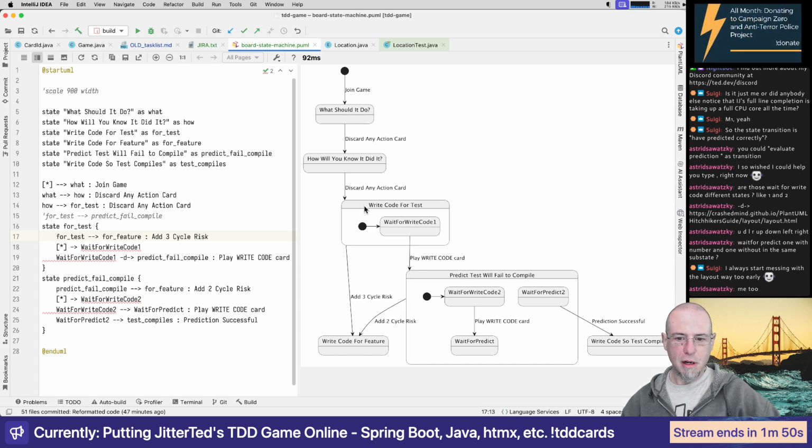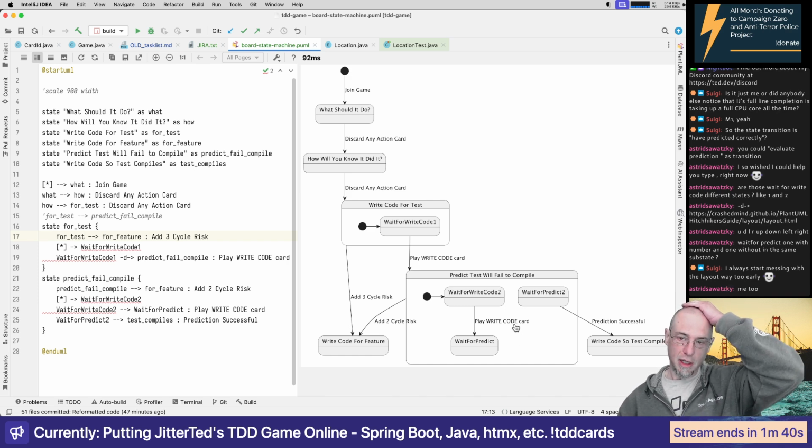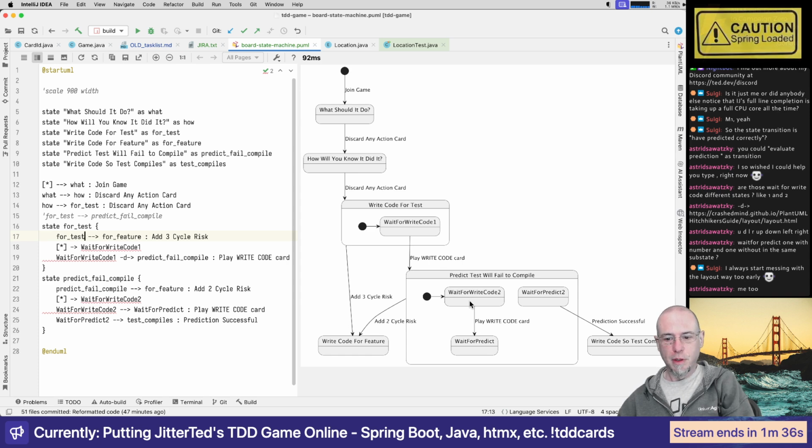So discard, playwright code card, what gets us here, or we can add cycle risk. So once we're in here, this one's a bit more complex. So we have to write code, then it's wait for predict, which should be wait for predict 2.